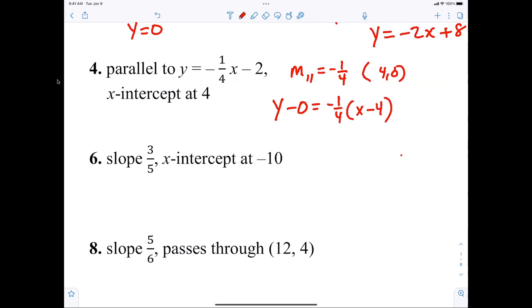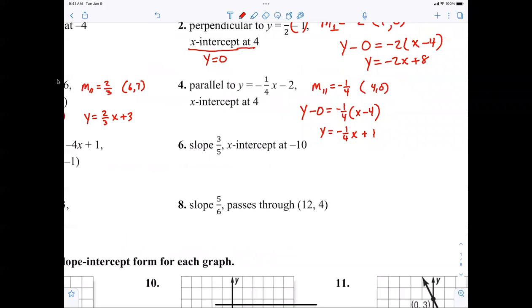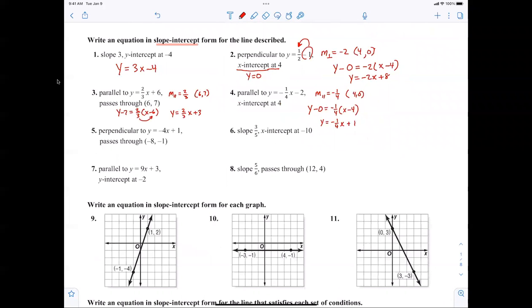Brilliant. Perfect. So your final answer now is y equals, distribute the -1/4, -1/4 x plus 1. Easy as that. Anybody have any issues?